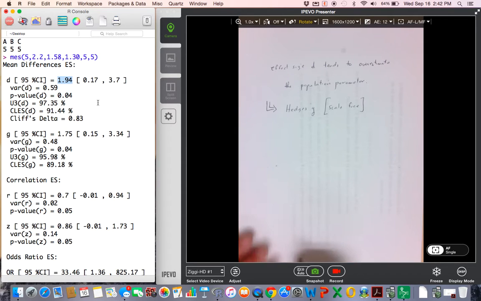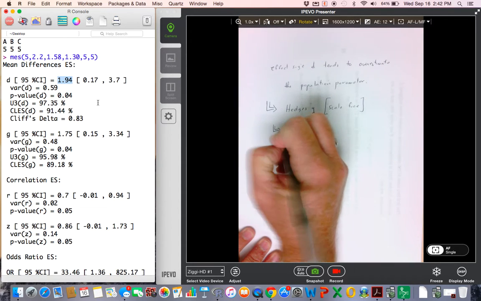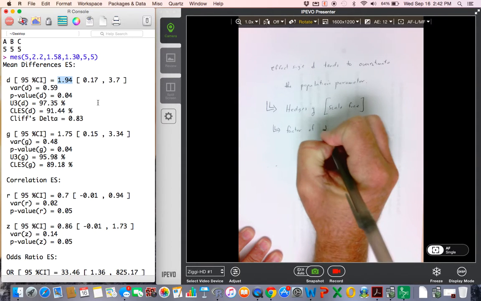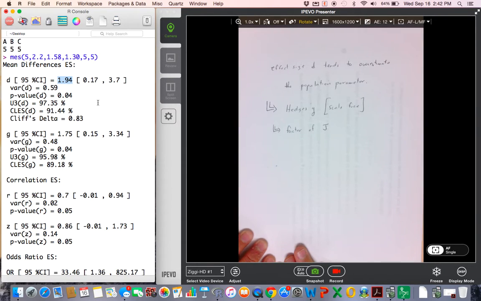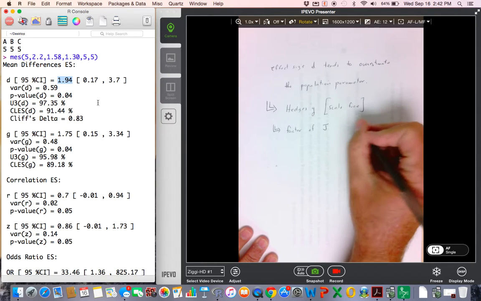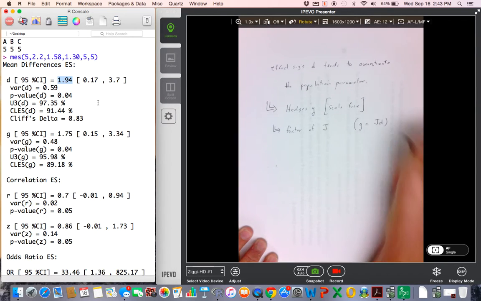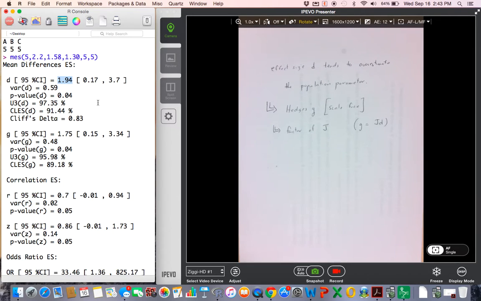And this thing depends on a factor J, this J factor. And ultimately what we'll see is that this Hedges' G is nothing more than this factor J times Cohen's D that we got over here at 1.94.